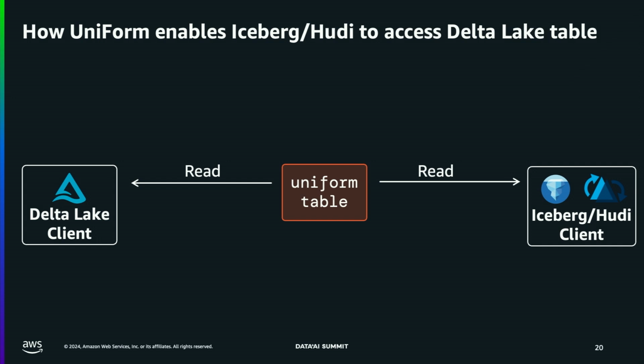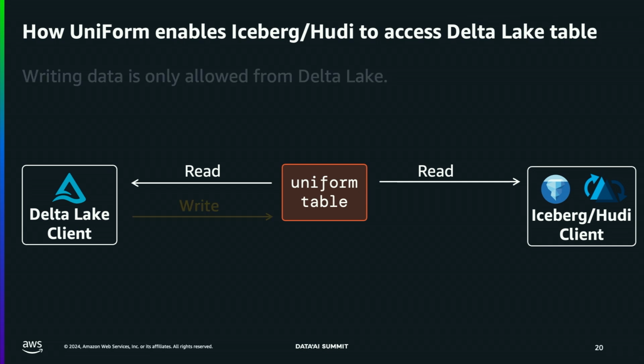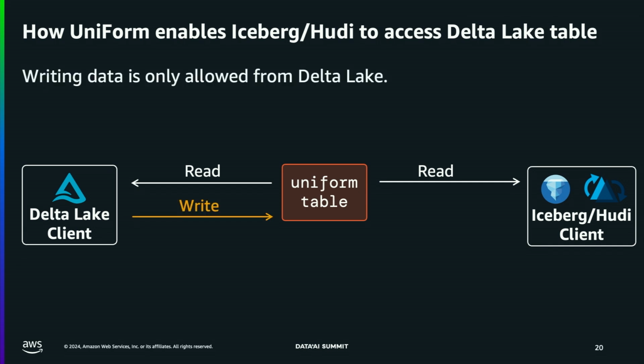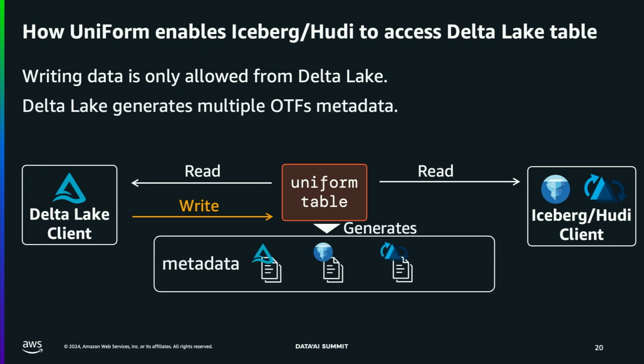As you saw, UniForm provides read access to Delta Lake tables from Iceberg and Hudi clients. For write, only the Delta Lake client can write the data into the Delta Lake UniForm table. When you update the UniForm table, Delta Lake generates multiple format metadata.